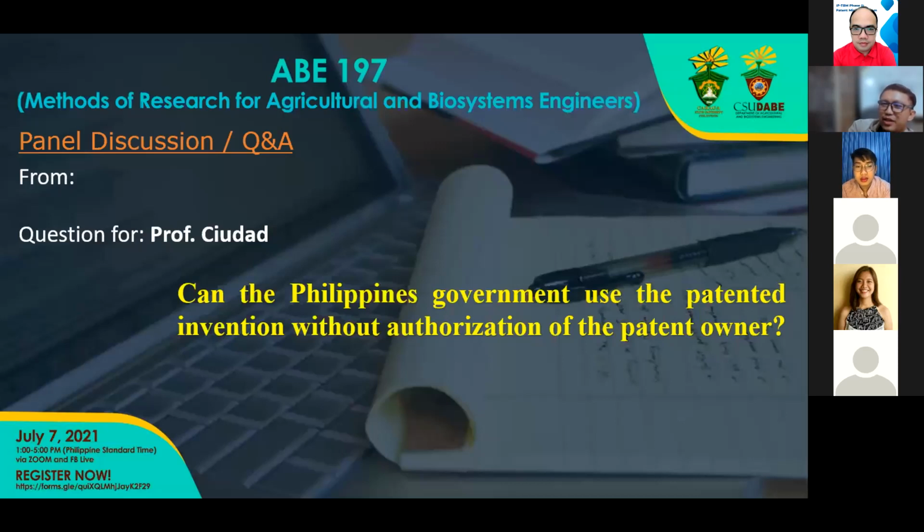Because the question is somehow, what is it exactly? Obviously, if there is a patent owner, it is the government that grants the right for the patent owner to exploit its economic rights in the patent.